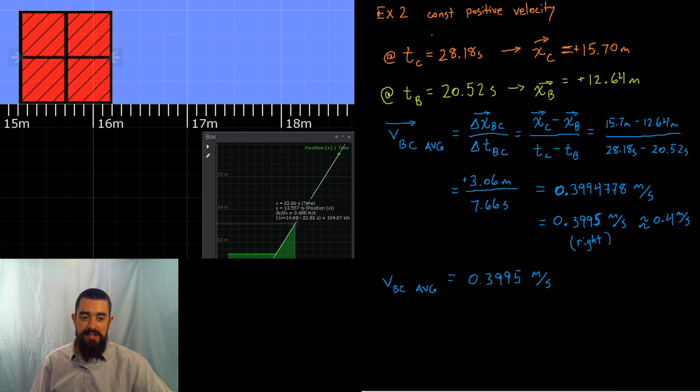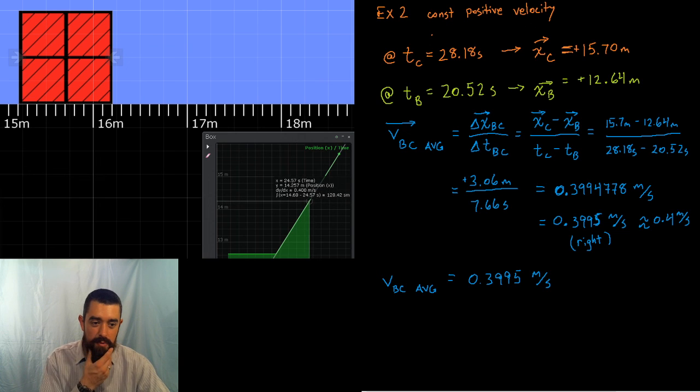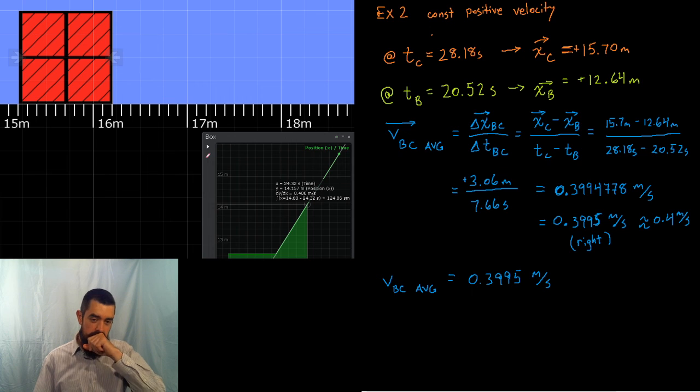The velocity is actually the slope. So take a look at where it says dy divided by dx on this graph. It says 0.400 meters per second. Dy divided by dx means the slope. So the slope of this graph was 0.400 meters per second, which is very close to what I have, 0.3995.